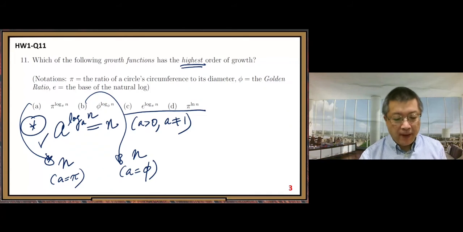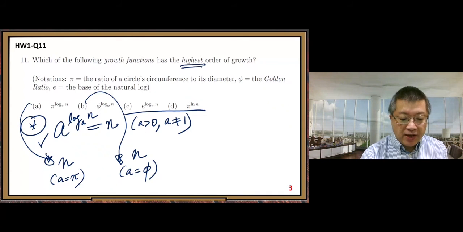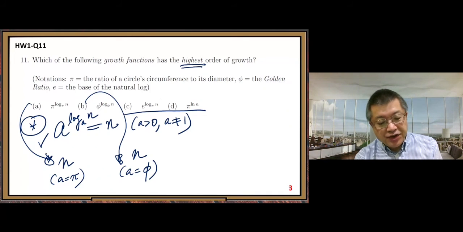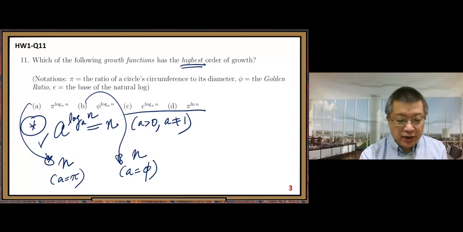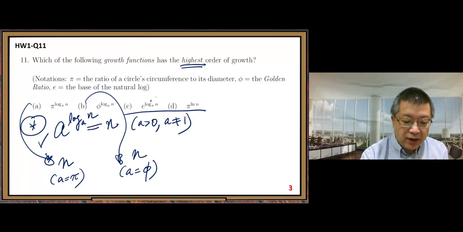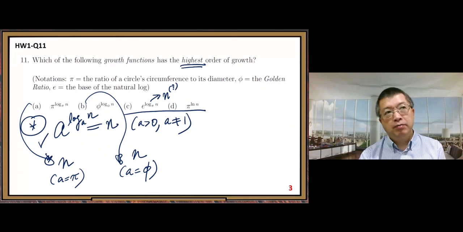C and D. Because it is hard to see the simple form of C and D, you need to represent the C expression as n to some number power.